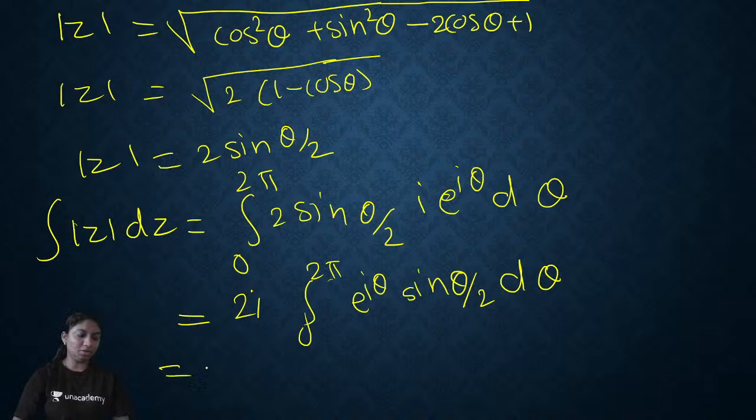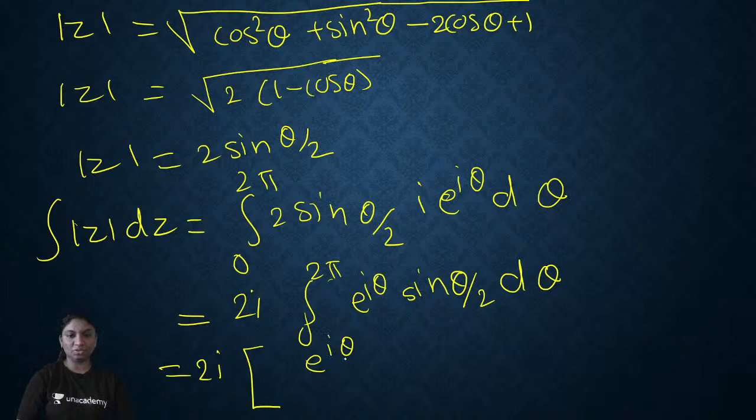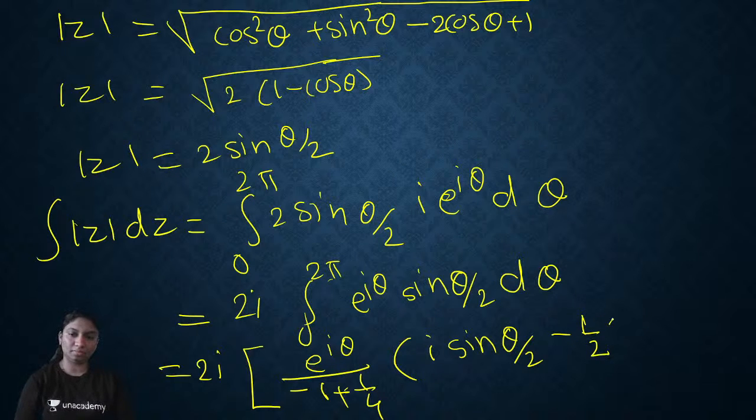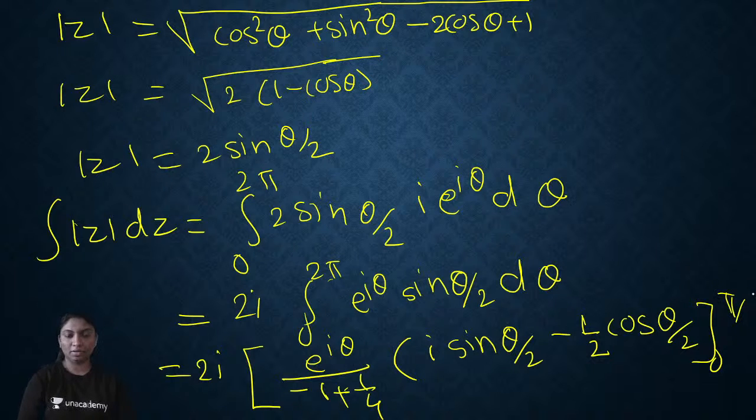So ये क्या हो जाएगा 2i into bracket e raised to x upon a square plus b square, so e raised to I theta upon, यहाँ पे a क्या है हमारा I square is minus 1 plus b square, so 1 by 2 का square 4 बन जाएगा into a sin b minus b cos, from 0 to 2 pi.